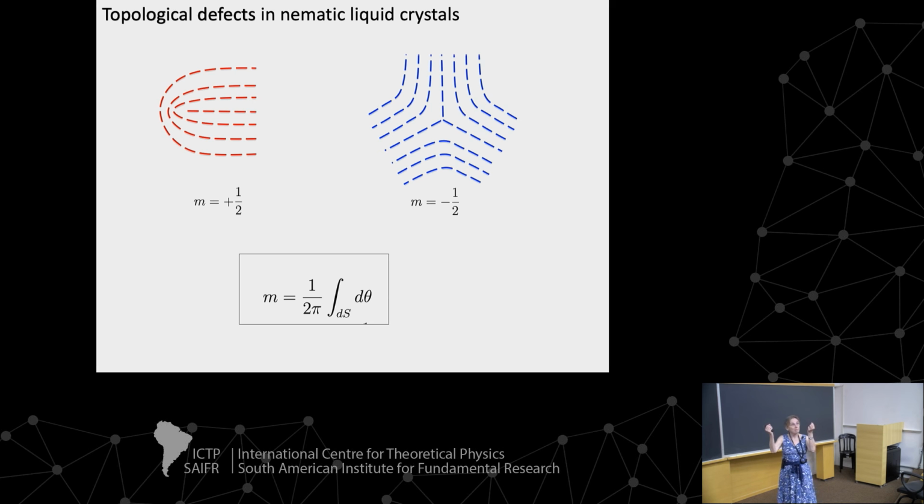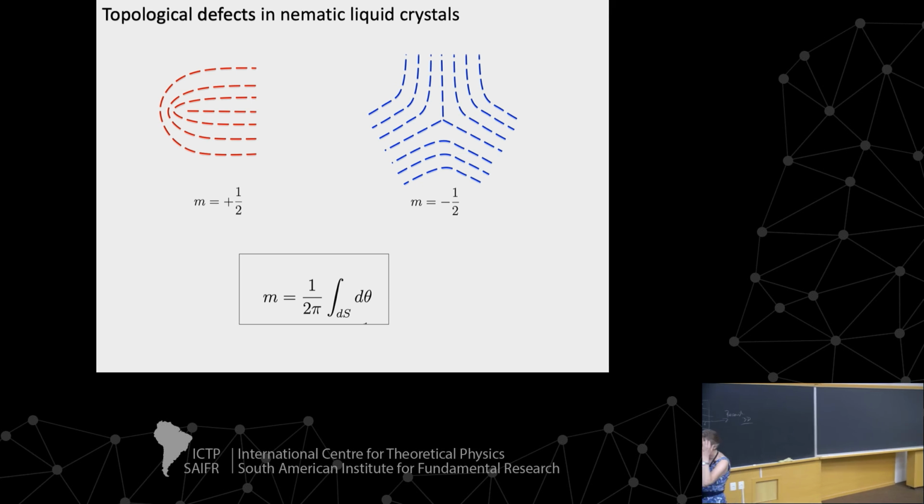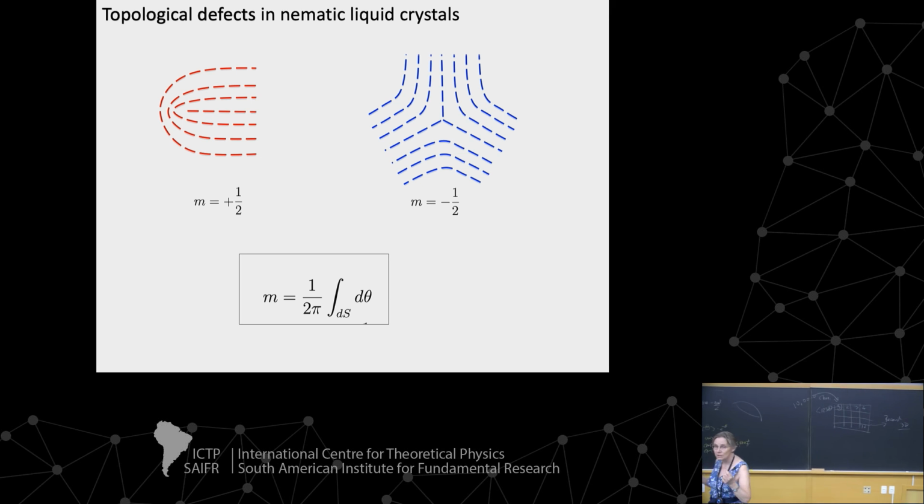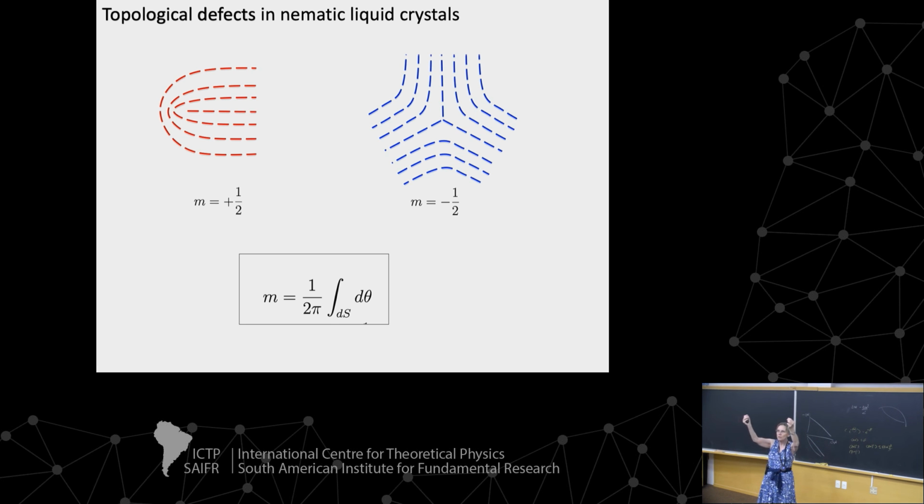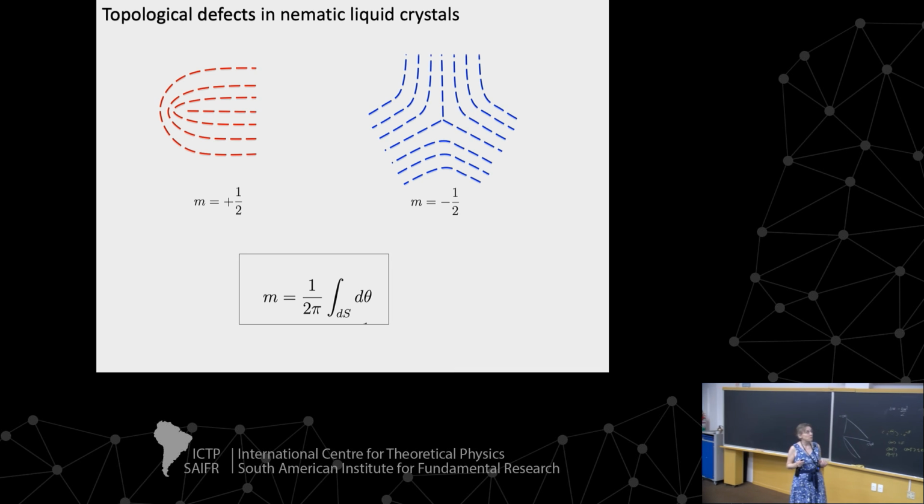And what will happen in any sort of real liquid crystal, any sort of normal passive liquid crystal, like in your laptop, is that the plus and minus a half will gradually move towards each other and anneal out. Because then you get rid of these nasty distortions, which have lots of energy, and you end up with a nice, organized, perfect, ordered nematic liquid crystal.